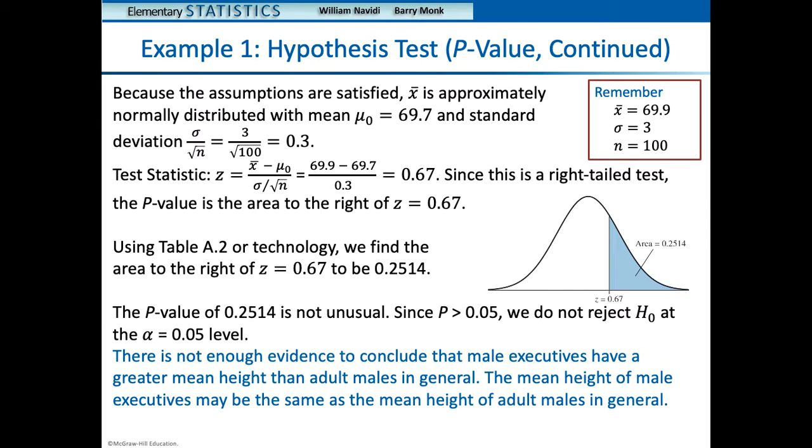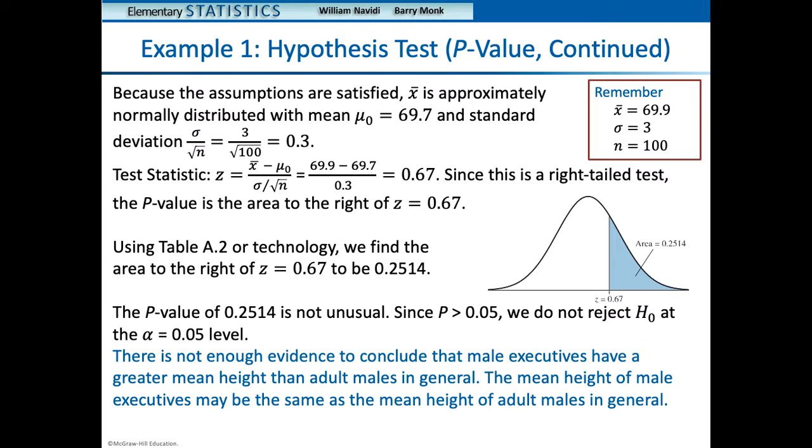And then the last thing is to take that p-value and compare it to our value of alpha. Alpha was given in the problem as 0.05. My p-value in this case is quite a bit larger than 0.05. So since the p-value is greater than 0.05, we will not reject the null hypothesis.